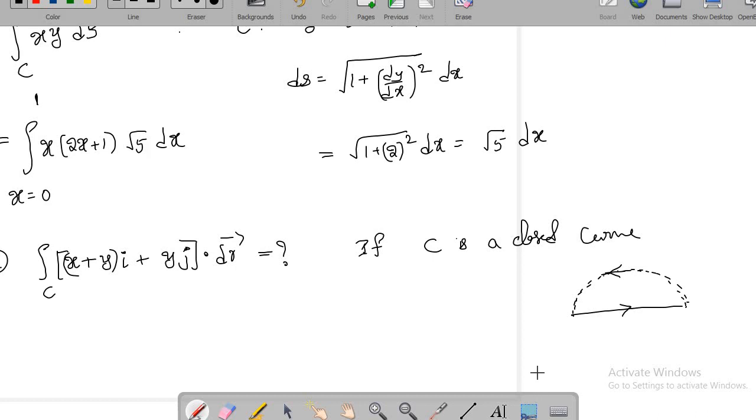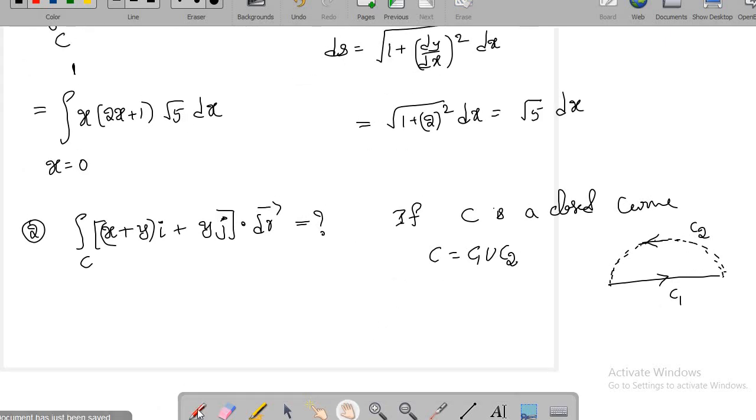It is actually a combination of two curves. One is a circle and another one is a line. So let me write the line as C1 and the circle as C2. Now C can be seen as C1 union C2. So first you need to parameterize C1, next parameterize C2, then you try to integrate it.